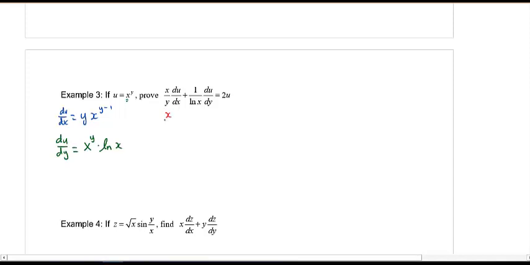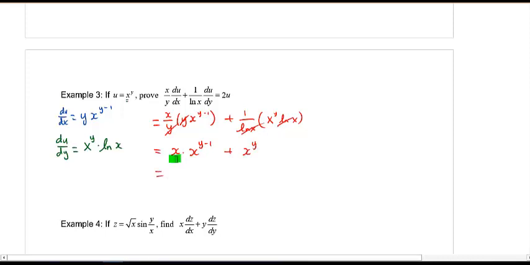So here we go. Let's prove this. x over y times du/dx, that's y x to the y minus 1, plus 1 over ln x times x to the y ln x. And we're trying to prove this equals 2u, so notice that these cancel out. I have x times x to the power of y minus 1, plus notice the ln x's cancel out. That's x to the power of y.